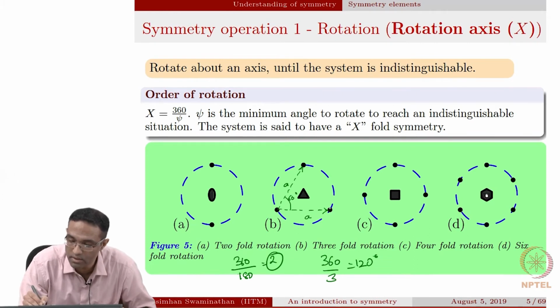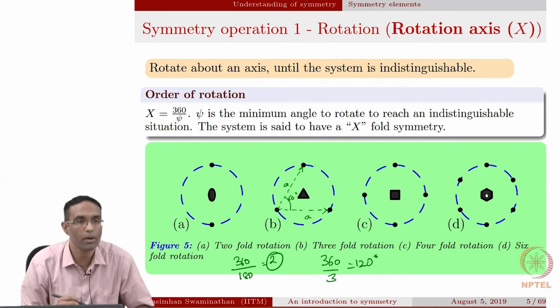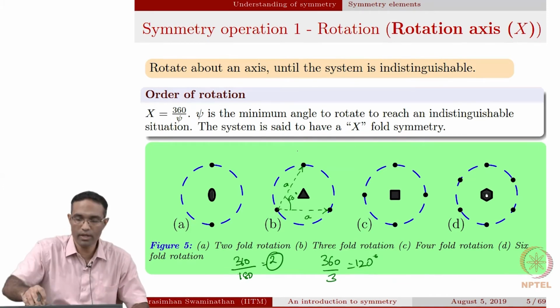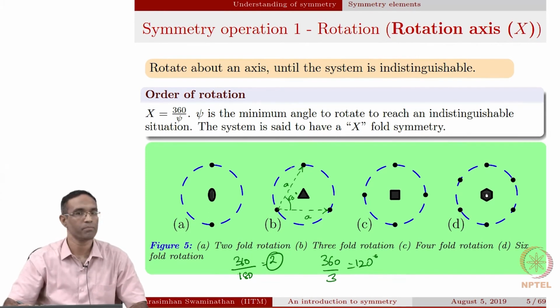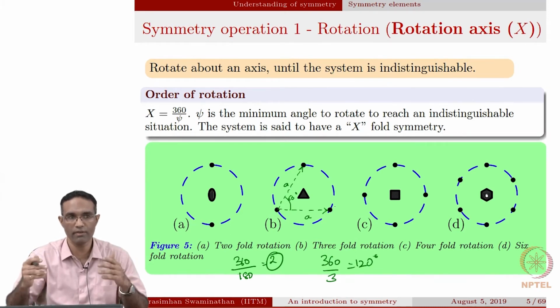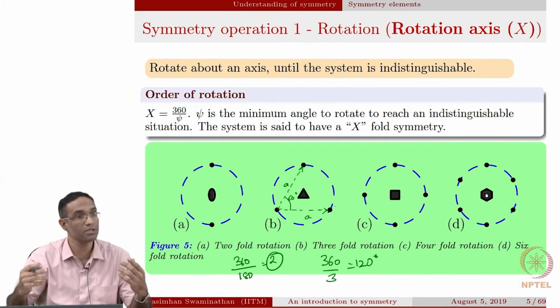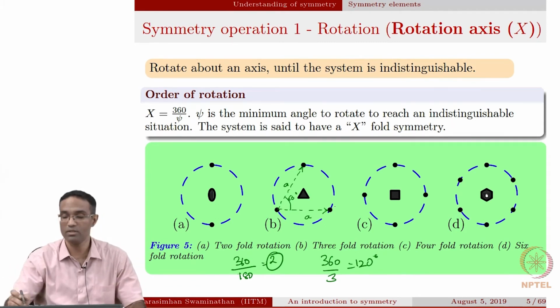You are rotating this by 120 degrees. 120 degrees has to be rotated to make this coincide with this. Again, the symmetry operations that we have defined are for a lattice. That means they all have to be commensurate with the definition of a lattice. That means there must be translational periodicity associated with this whole thing. We will see what that means now.